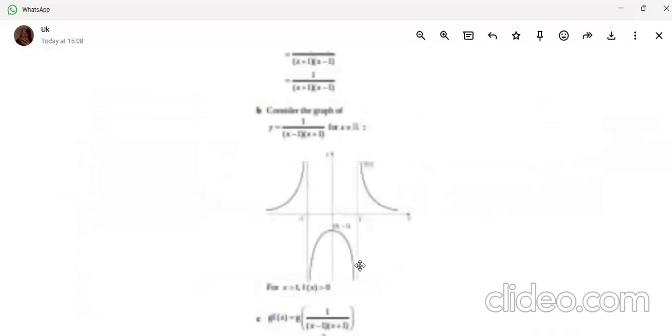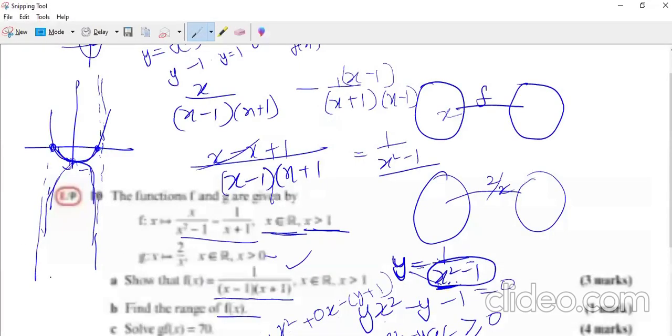So here, if the curve was going like this, the other curve was this, right? So if this is going like this, this is positive here. So this has to be positive. The problem is there's an asymptote.